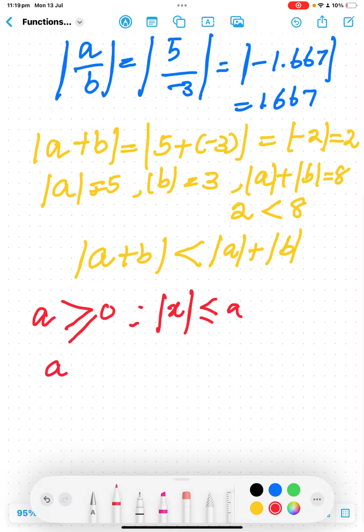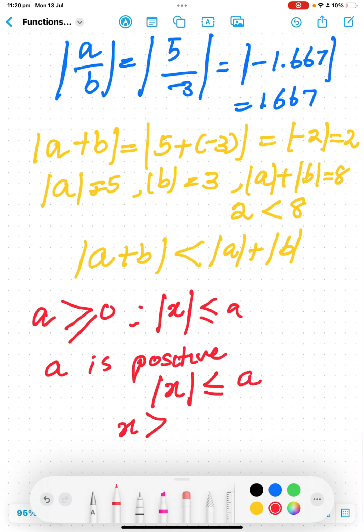So a is a positive number. Modulus of x is less than or equal to a. So we can say, a is a positive number, therefore if x is greater than 0, x is less than or equal to a.